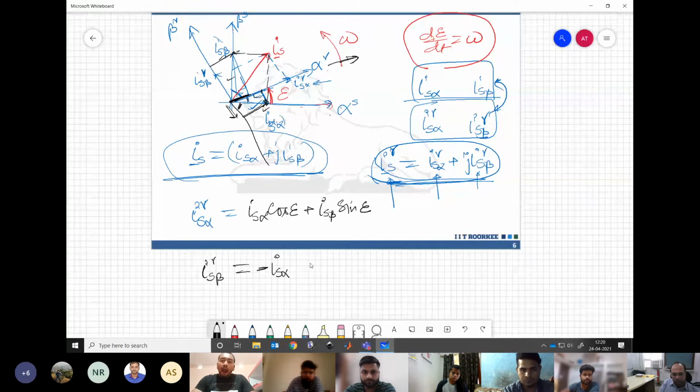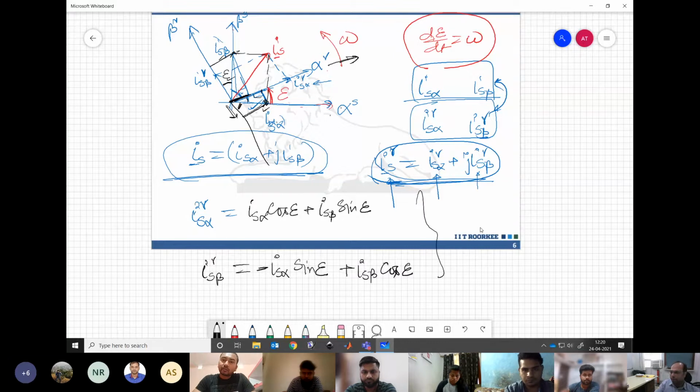So this becomes sin epsilon, plus this is also epsilon. Same angle is projected over here also. So IS beta cos epsilon. Fine. So we have correlated our IS alpha, IS beta with IS alpha R, IS beta R.